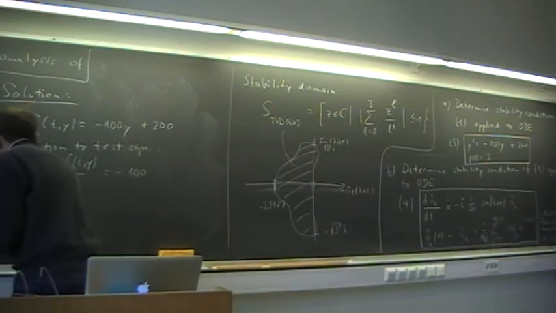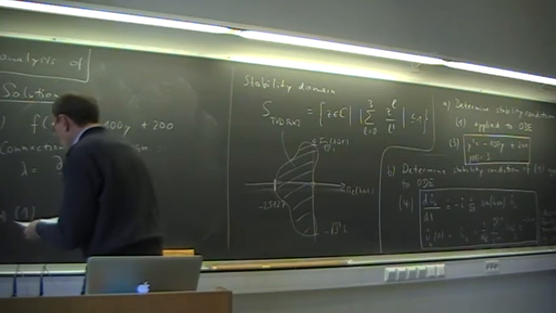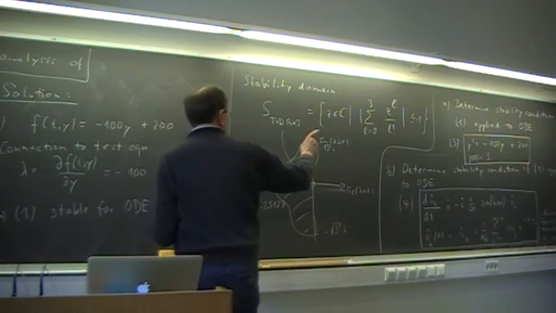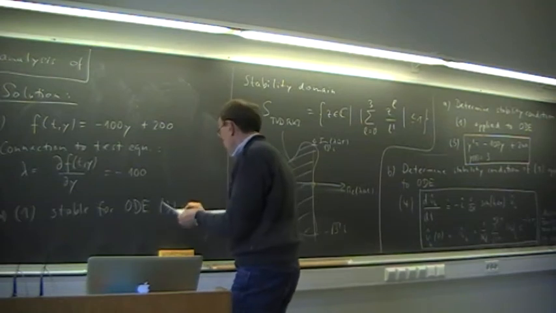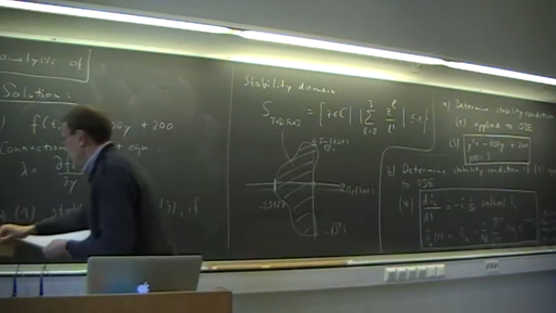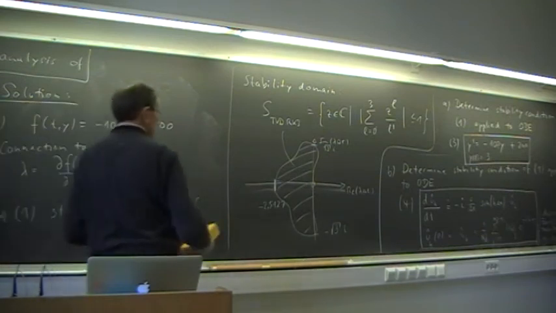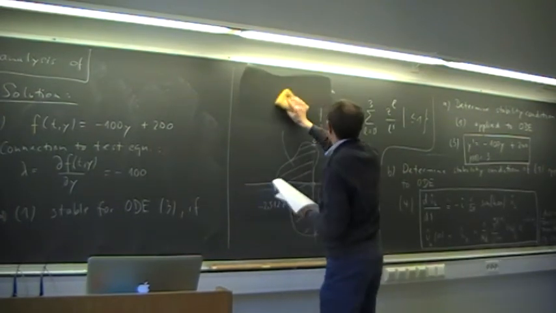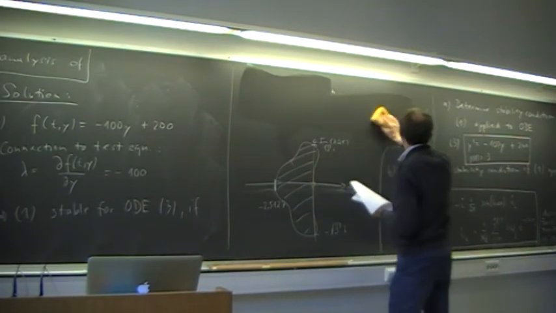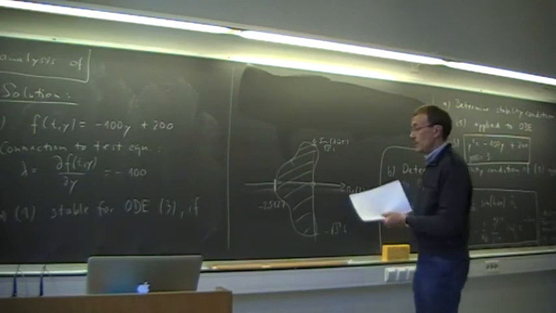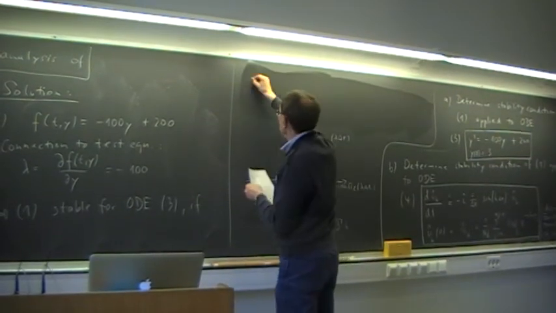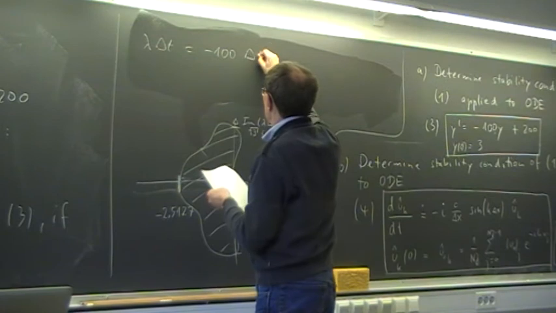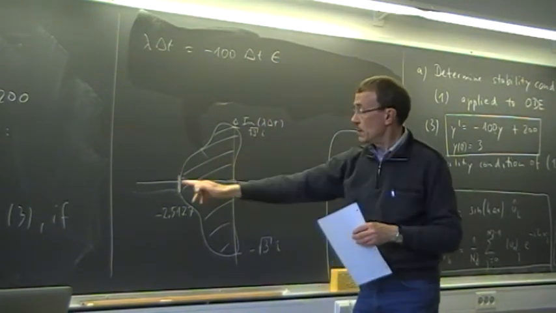So we can write that. Our Runge-Kutta method 1 is stable for the ODE labeled number 3 if the following condition is satisfied: if lambda delta t, which is in our case minus 100 delta t, is inside this interval.